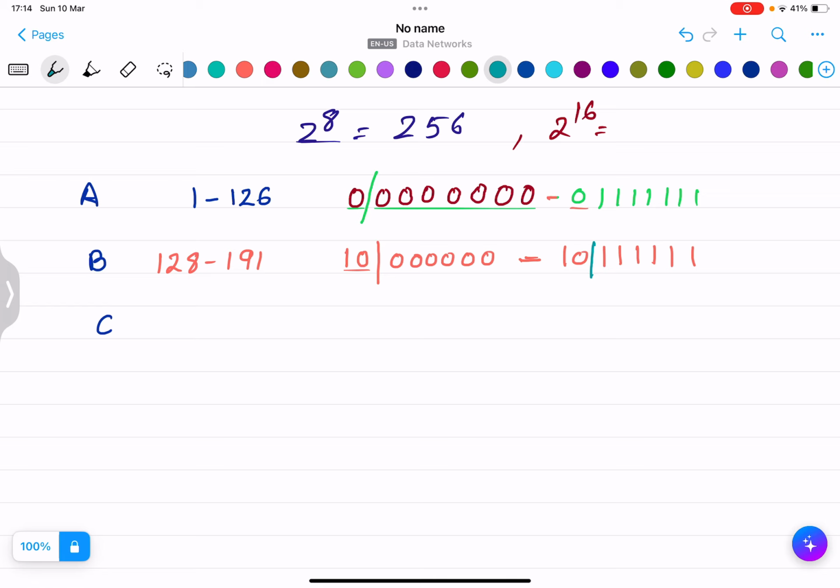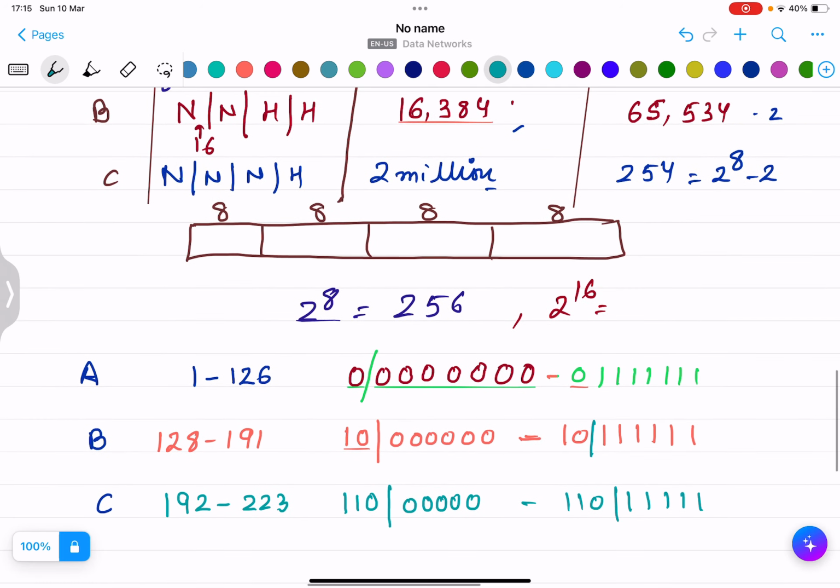The first 2 bits are restricted because they identify the class. Then for the third one, class C, the first 3 bits are restricted to this.